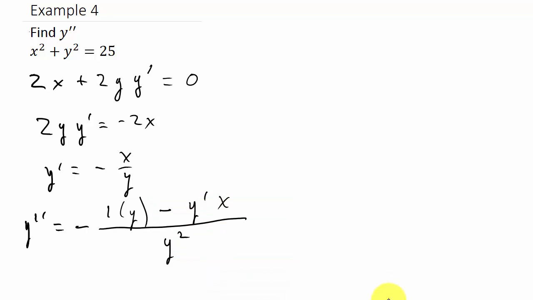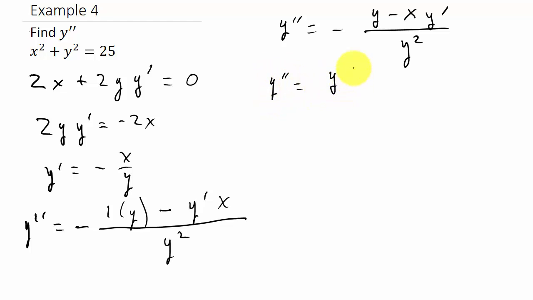So now I have y double prime is negative y minus x y prime over y squared. I forgot my negative sign.